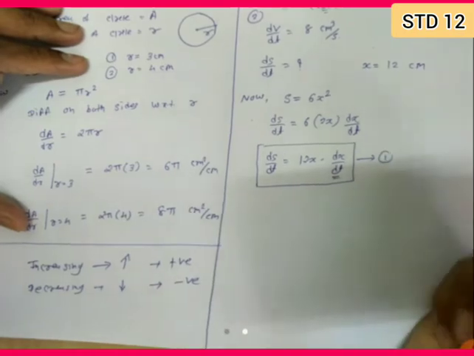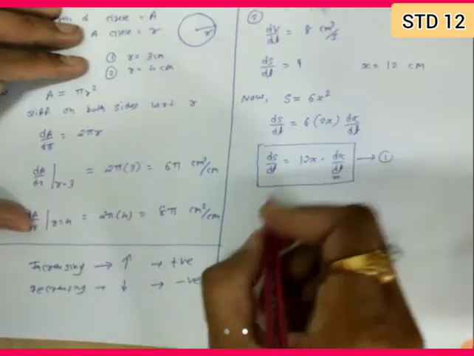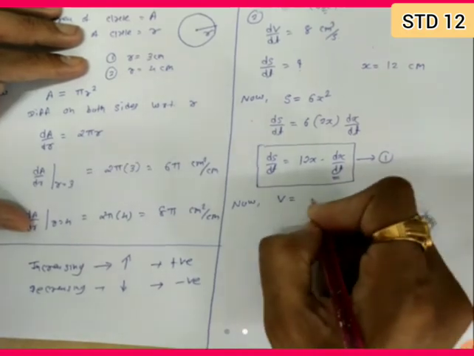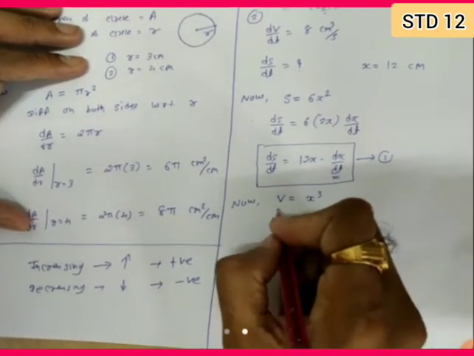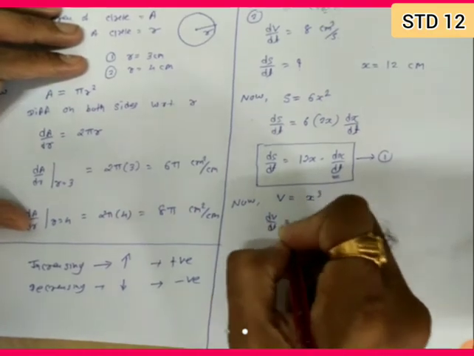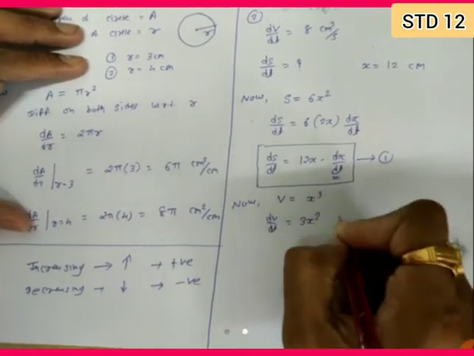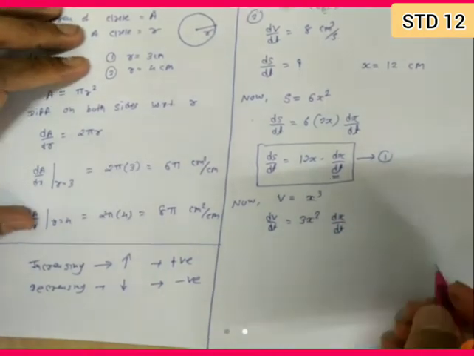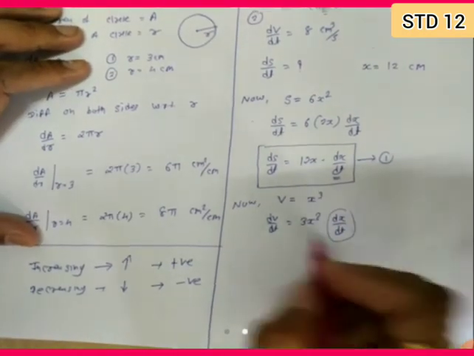Here this quantity is missing, that can be obtained by the volume. So now volume of cube is x cube. Now differentiate it on both sides with respect to t. We'll get dV by dt equal to 3x square into dx by dt. So here we'll get this dx by dt.